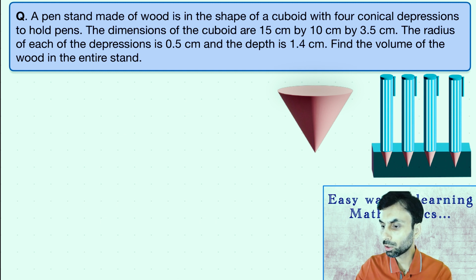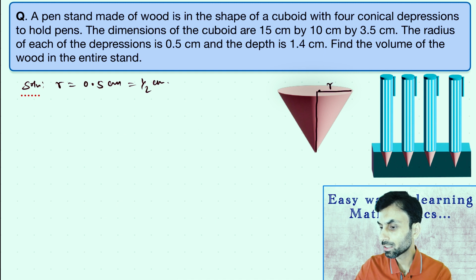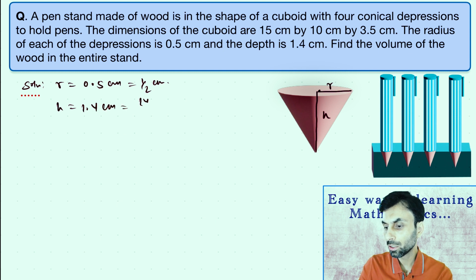So here if you talk about the conical part of the pen, it is given that the radius of the depression, if you take it as small r, which is 0.5 centimeter, which we can write as 1 upon 2 centimeter, and the depth of it is h, which is here 1.4 centimeter, which we write as 14 upon 10 centimeter.